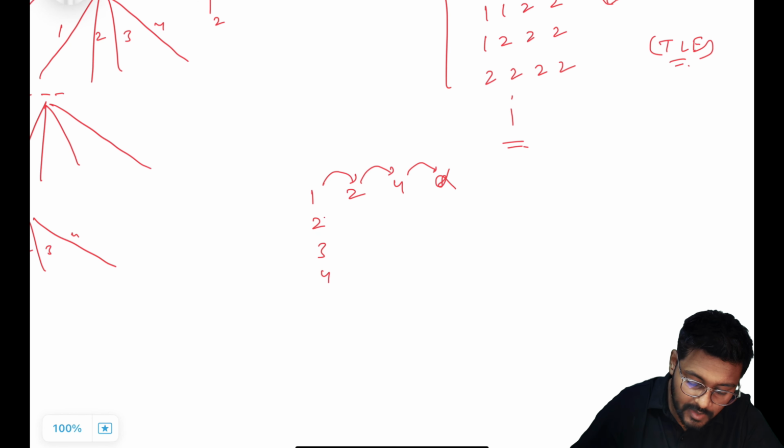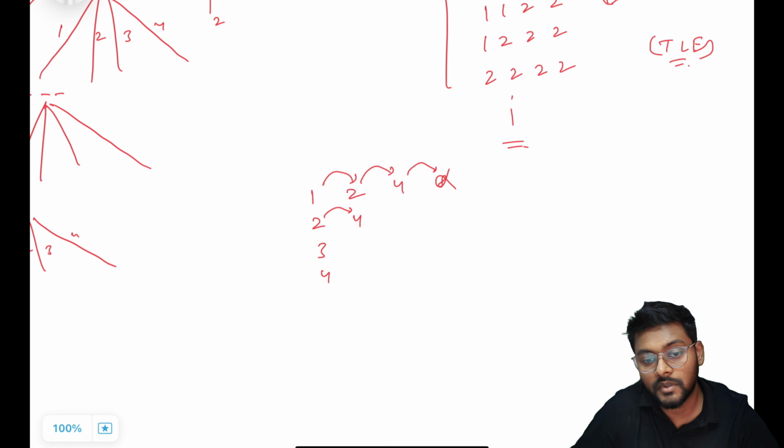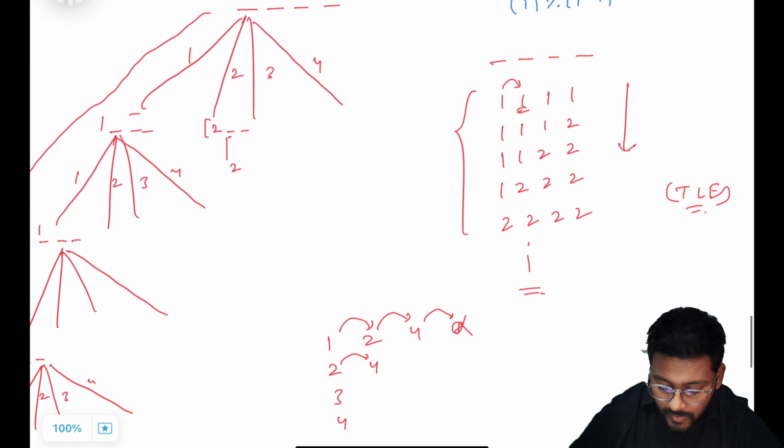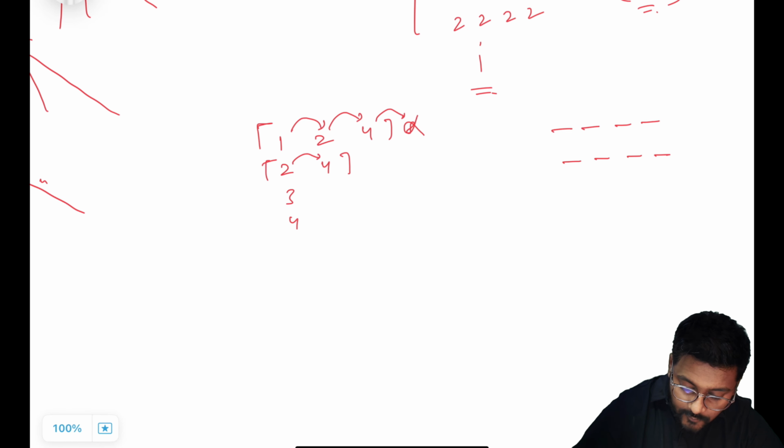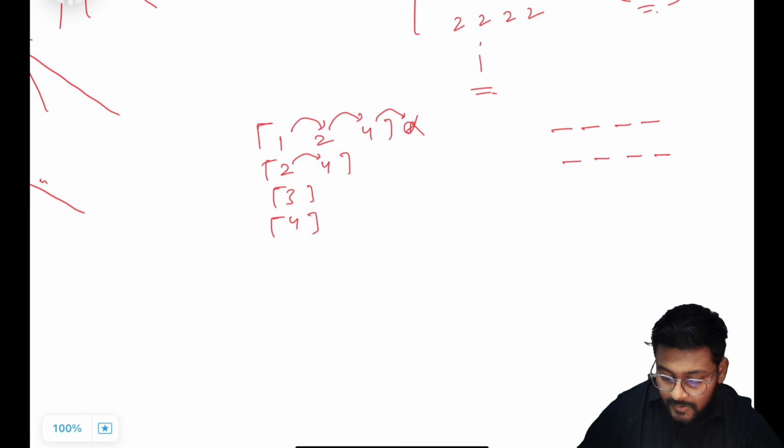And if I start my recursion with 2, I can pick 4, and after 4 I don't have any possibility. After 3 I don't have any possibility. After 4 I don't have any possibility. So these are the only possibilities I can have for my 4-digit number. Either you use these 3 values and form a 4-digit array, or you use these 2 values and form a 4-digit array, or you directly use 3, directly use 4.